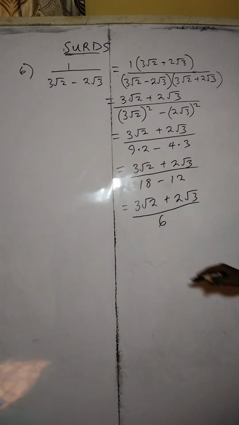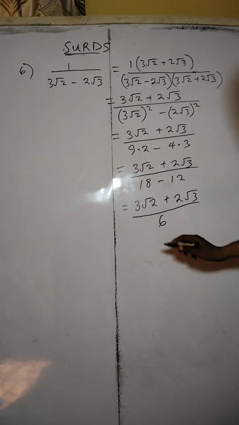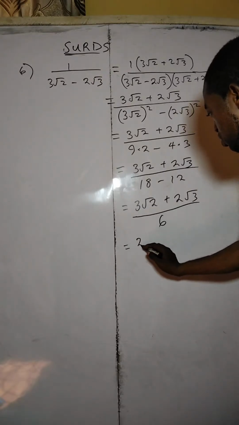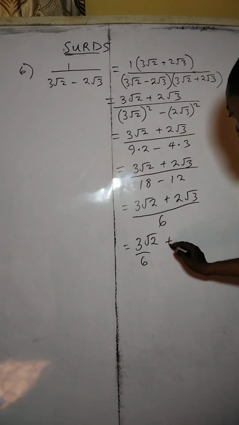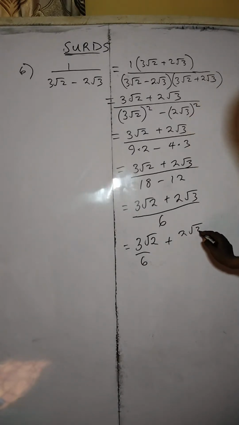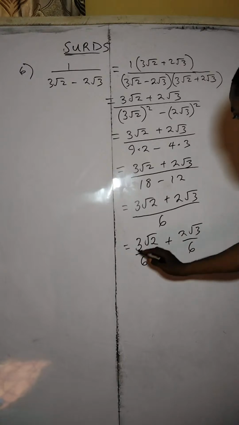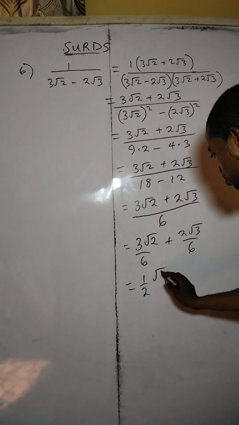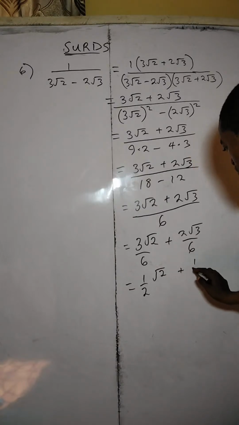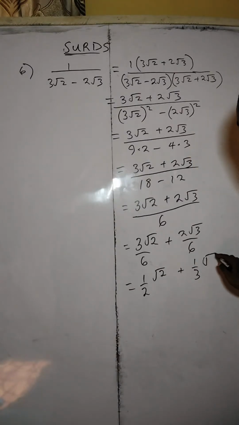And here we now have 3 root 2 plus 2 root 3 divided by 18 minus 12, which is 6. And next step also, we can separate this into 2 fractions. And we have 3 root 2 over 6 plus 2 root 3 over 6. And we can reduce this as 1 over 2 root 2 plus, here we have 1 over 3 root 3.